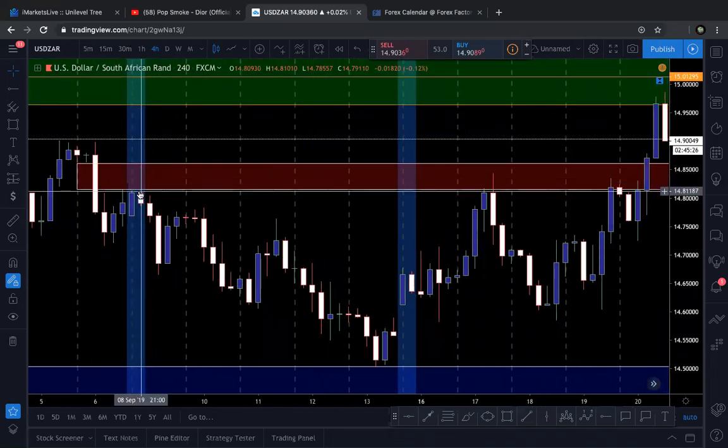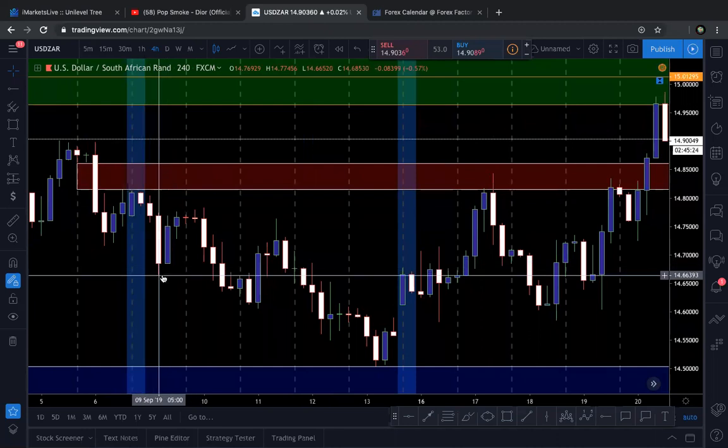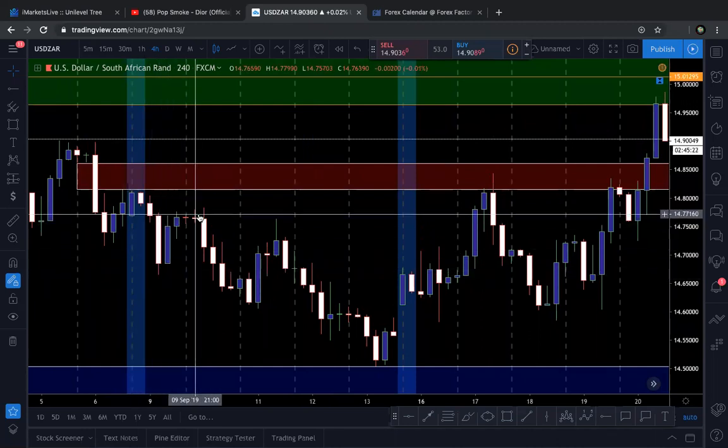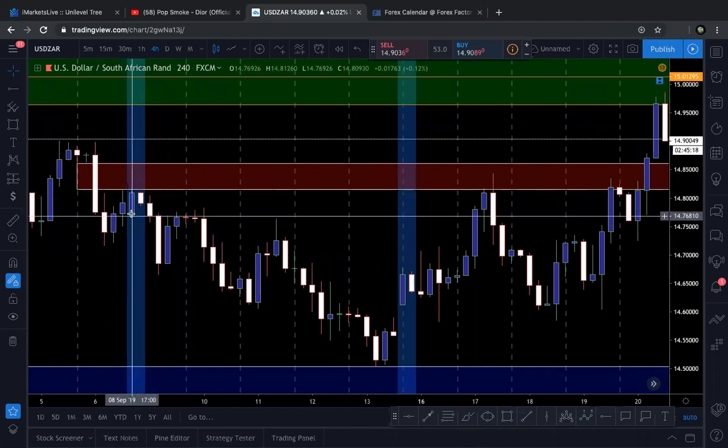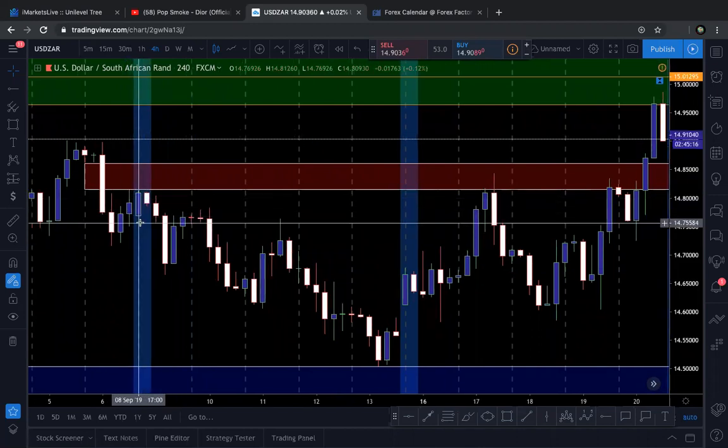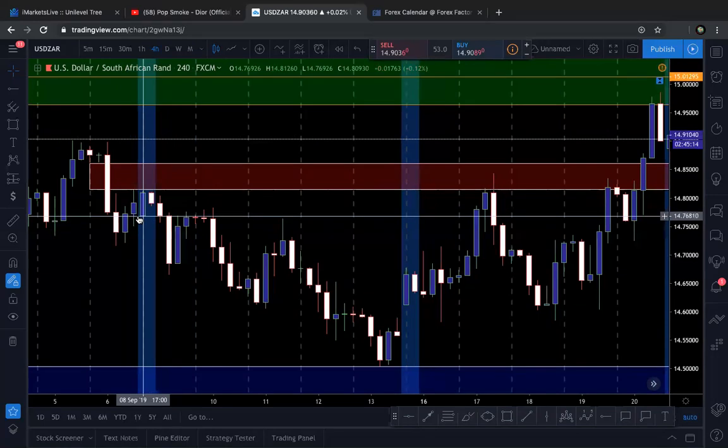Monday's high, Monday's low. Pull back, last up candle on the 4 hour. Being a day trader, the 4 hour and 1 hour is your best friend. On the 4 hour, you want to look for the breaks of structure.